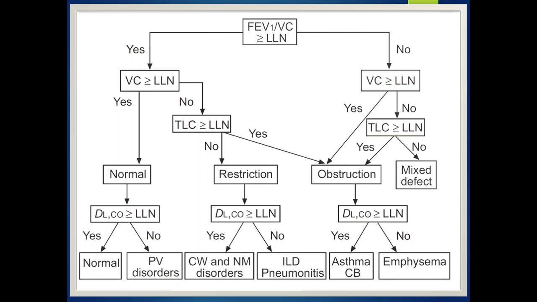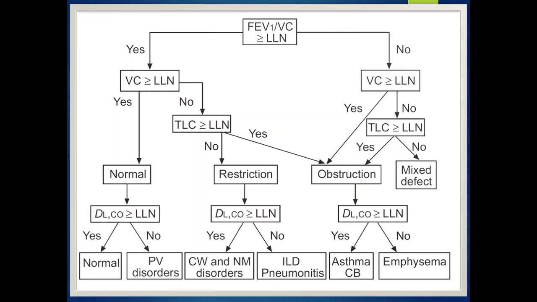If the vital capacity is low and the ratio is low, then you think it could be a mixed disorder. There could be the presence of obstructive lung disease, severe form, or obstructive lung disease with interstitial lung disease. Then you do a total lung capacity.